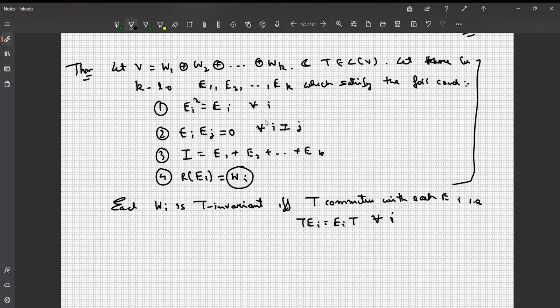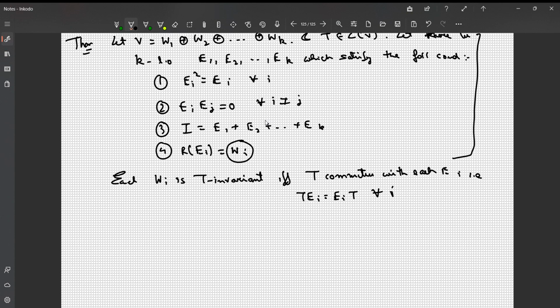That is, we have attained an invariant direct sum decomposition of the vector space, and that naturally has a very important consequence, because we then get a diagonal form of the matrix representation of T with respect to the ordered basis, where the basis elements are from each of the Wi's, right? Okay. So you can think of this as one characterization of invariant direct sum decompositions.